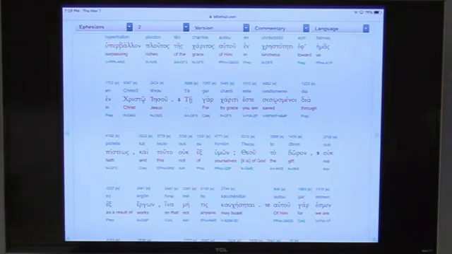The gar always takes second place. So even though the sentence starts with the word for, and then te chariti, the grace, we don't translate the article, but we would translate it by grace because it's in the dative. So it's an instrumental use of that dative case.